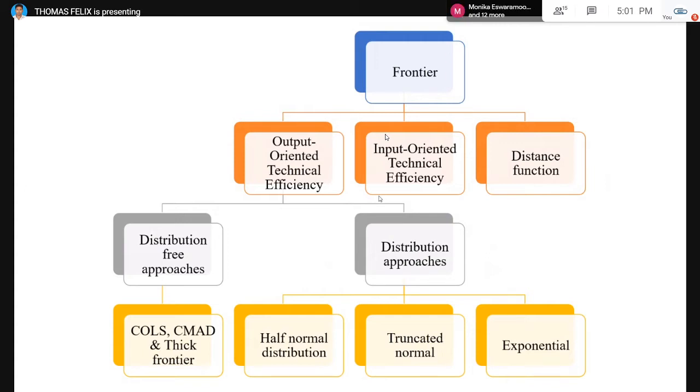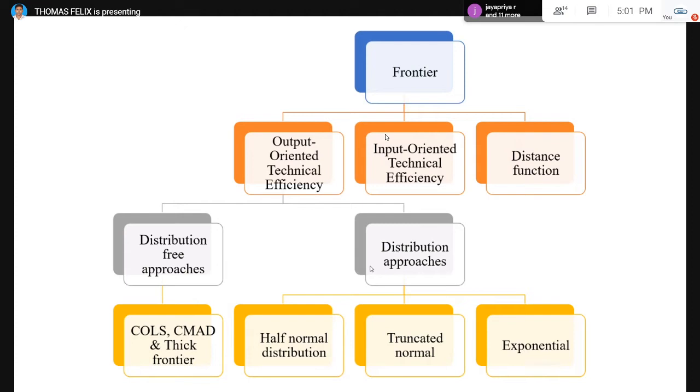As I said, under the output oriented approach there is a distribution free approach, and another one is the distributional approach. In the case of input oriented technical efficiency also, it has the same classification, distributional approach and non-distributional approach. Distribution free approach means it does not follow any distribution.